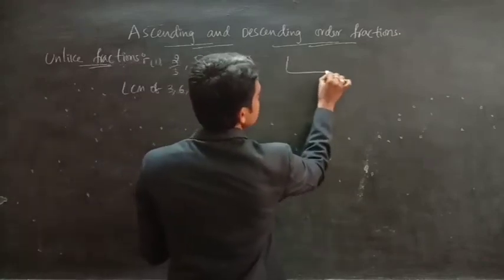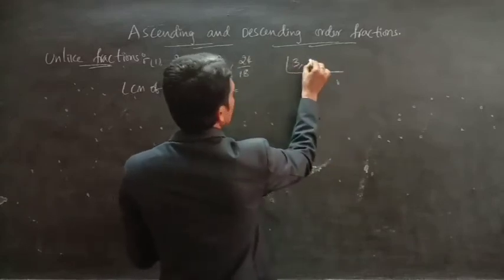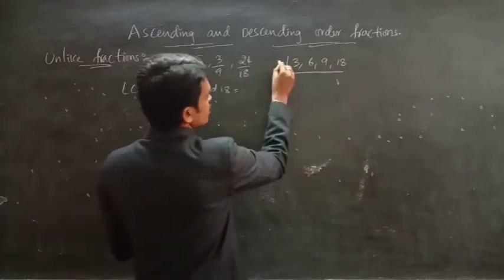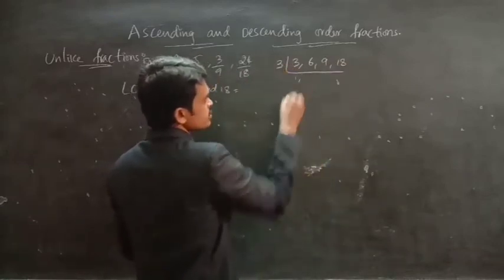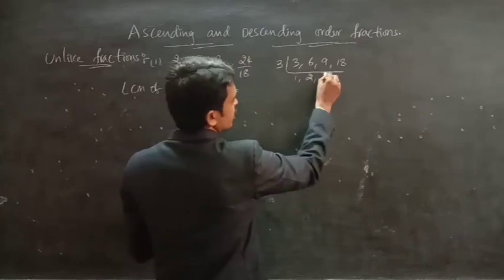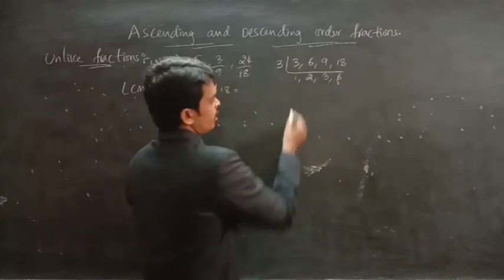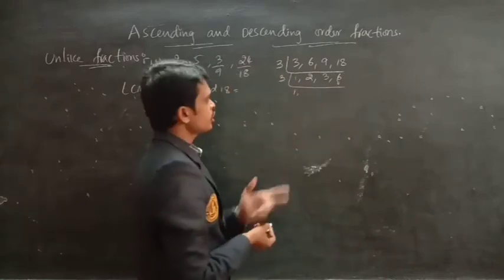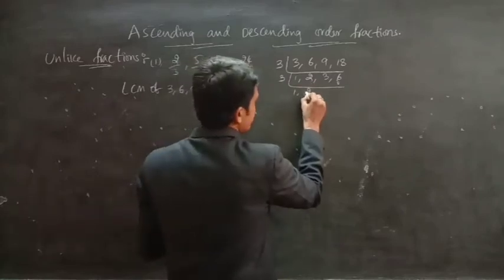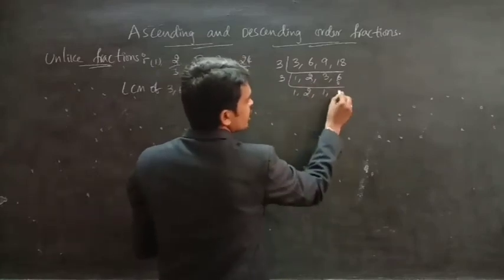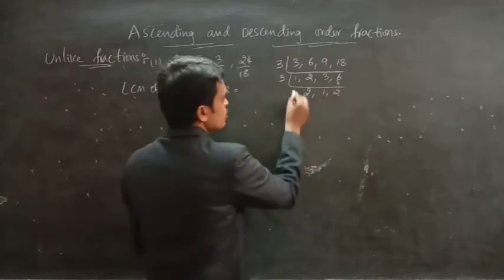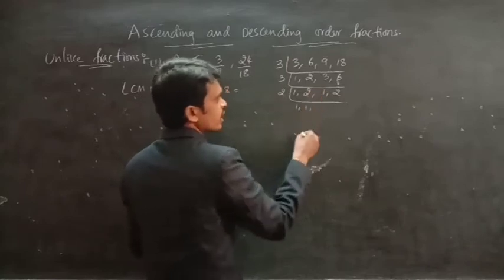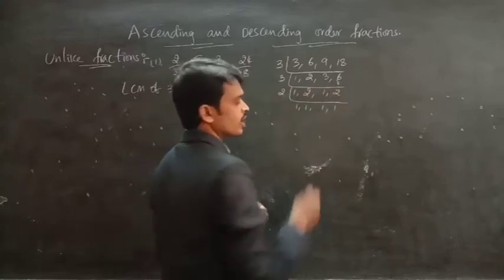So by using the LCM division method, 3, 6, 9, 18. I am dividing with 3: 3 ones are 3, 3 twos are 6, 3 threes are 9, 3 sixes are 18. Again dividing with 3: 1 as it is, 3 twos are 6. Now dividing with 2: 1 as it is, 2 ones are 2.